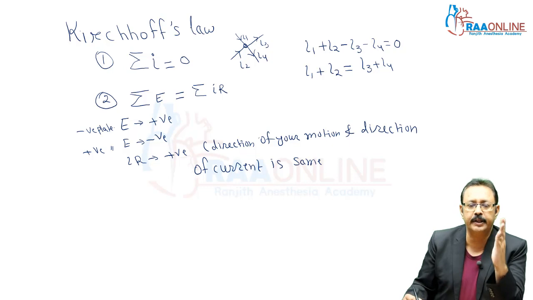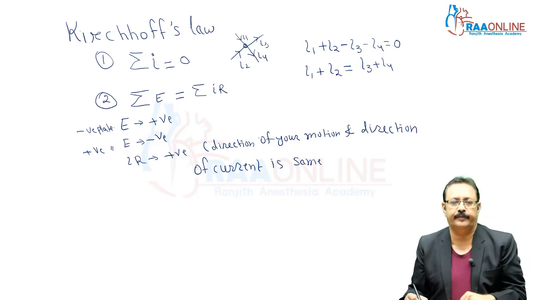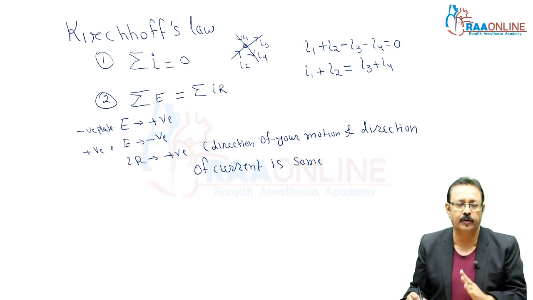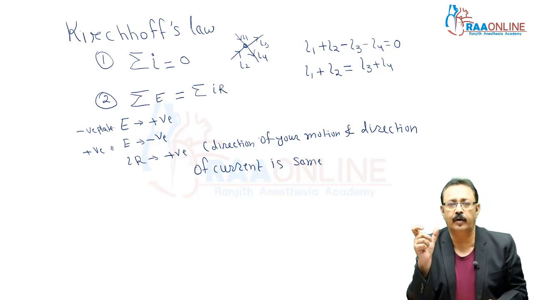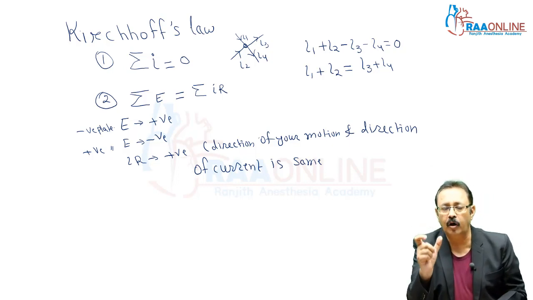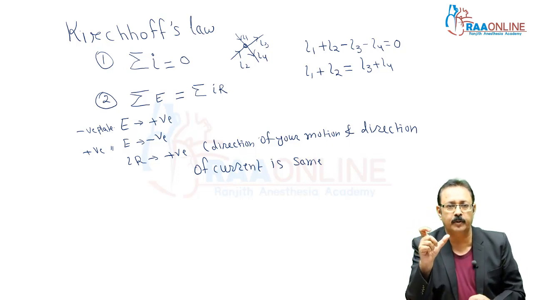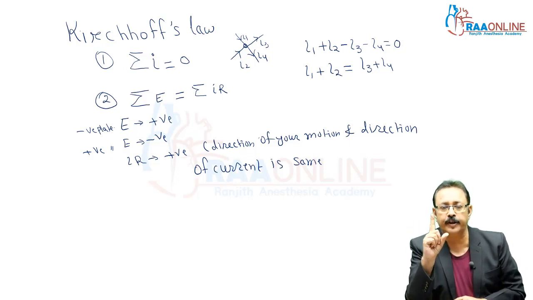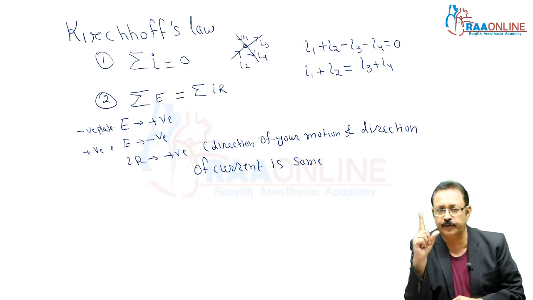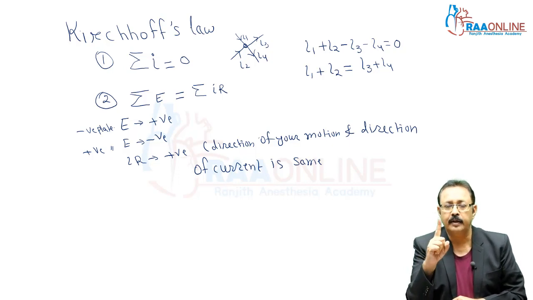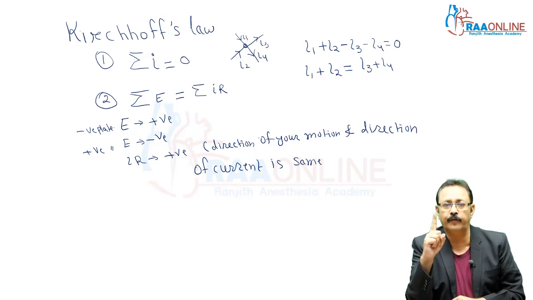Otherwise, if they are opposing each other, take it negative. So these were Kirchhoff's laws, and Kirchhoff's second law is actually the law of conservation of energy. So remember, for conceptual problems, the first law of Kirchhoff is the law of conservation of charge, and the second law is the law of conservation of energy.